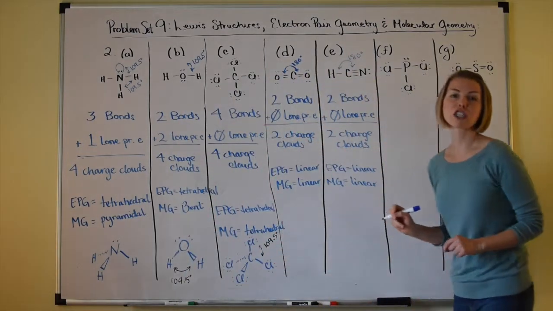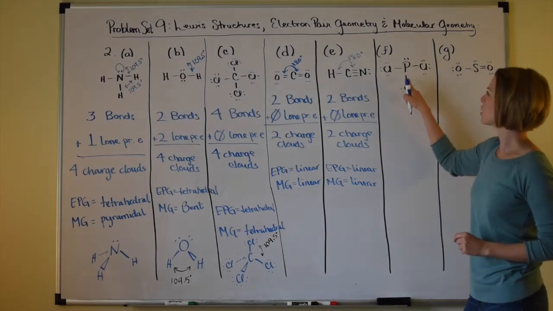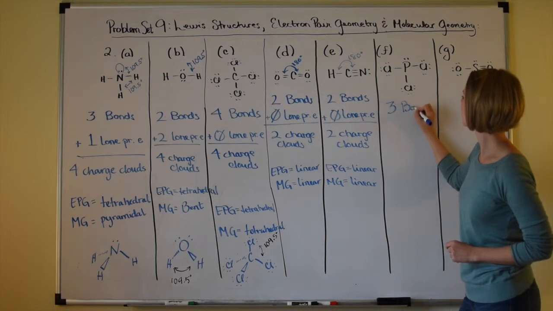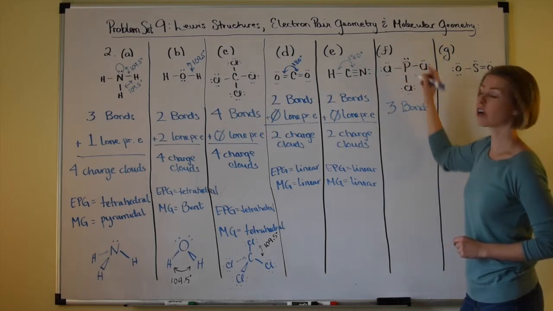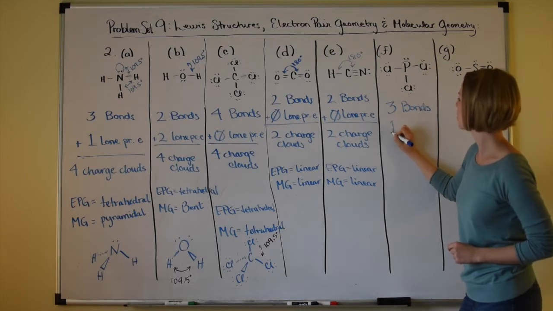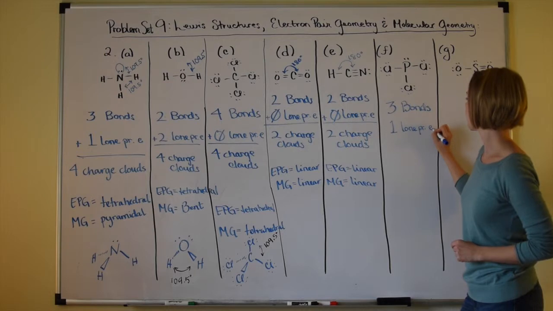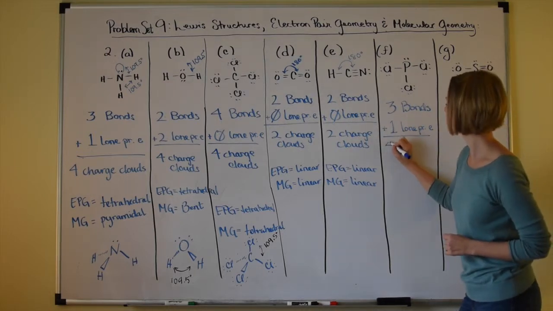Okay, phosphorus trichloride. We've got 1, 2, 3 bonds, and one lone pair on the central atom. So one lone pair of electrons. So a total of 4 charge clouds.